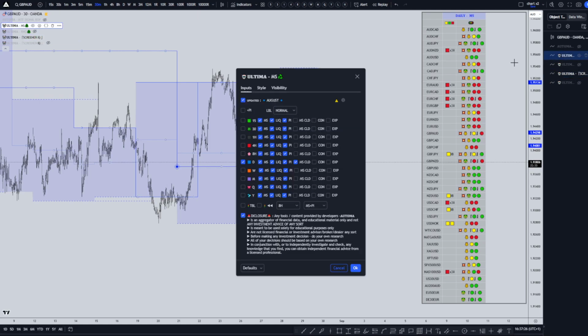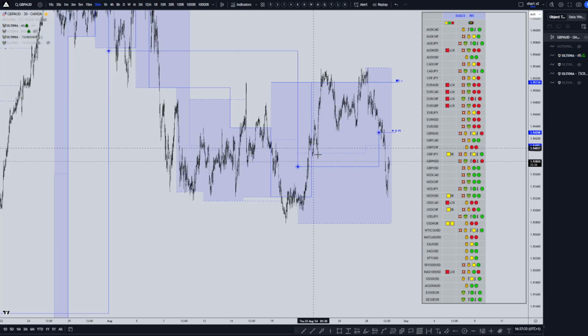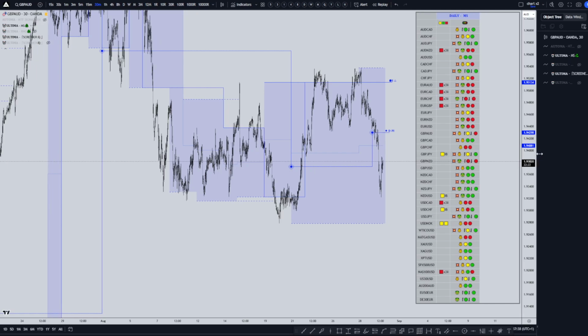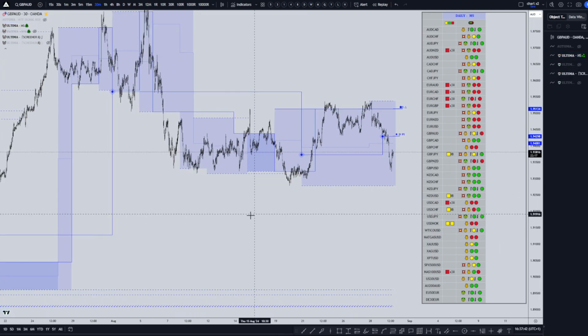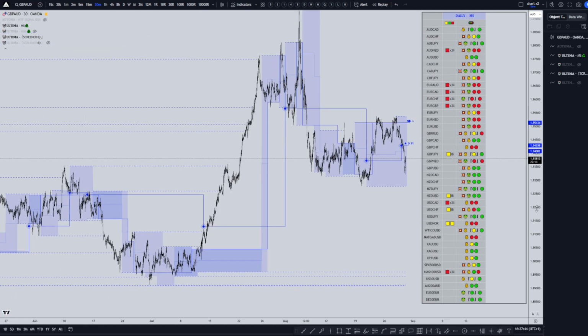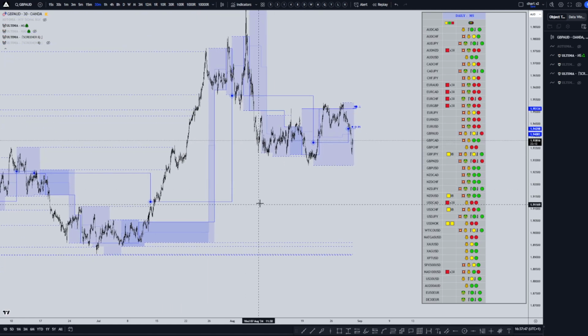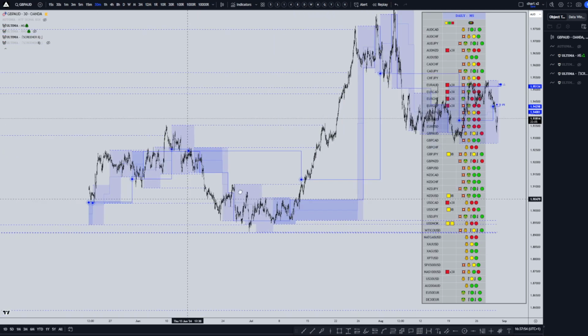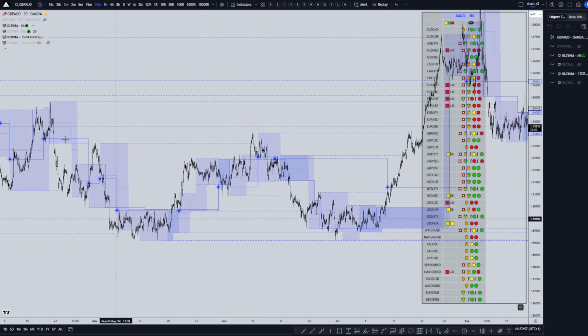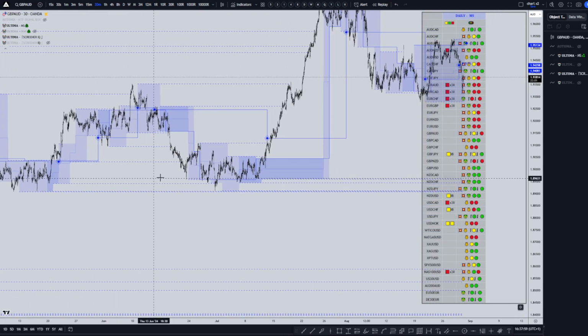If we go to the market structure cycle tool and hit contraction, what's going to display is a highlight of the market structure's cloud wherever it had a condition of contraction or expansion. At this point we enabled contraction, and you can see it highlights here, here, here, wherever we had the contraction.